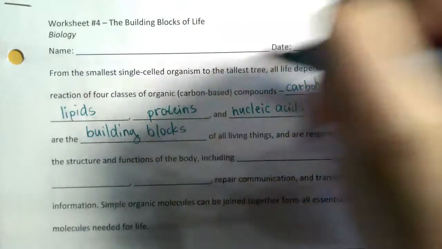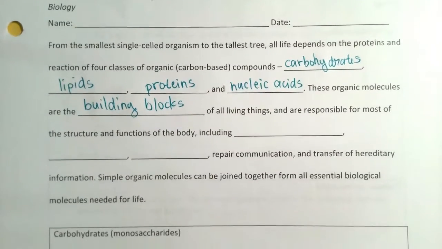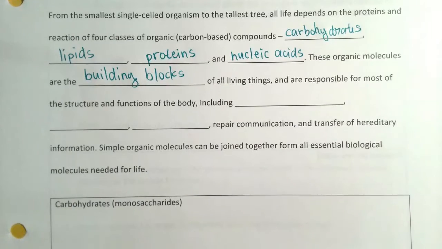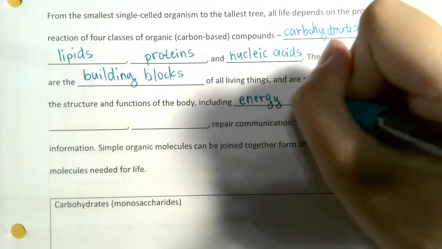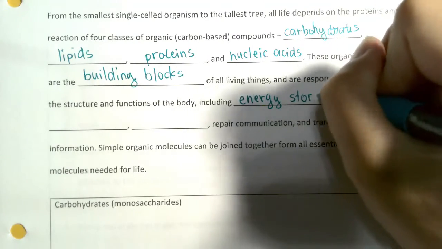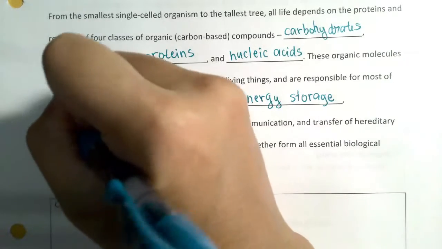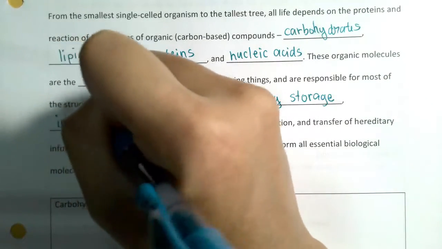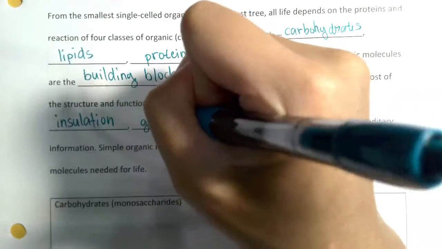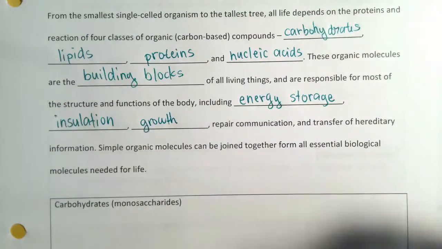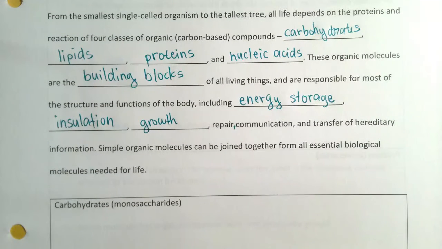Okay, these organic molecules are the building blocks of all living things, and are responsible for most of the structure and function of the body, including energy, storage, insulation, growth, repair, communication, and transfer of hereditary information.